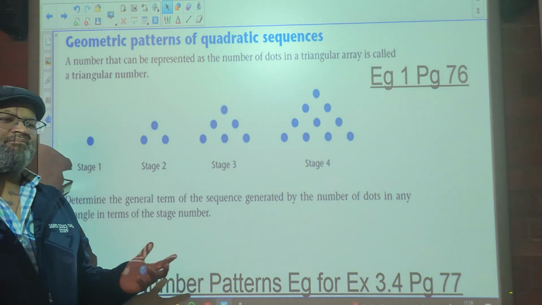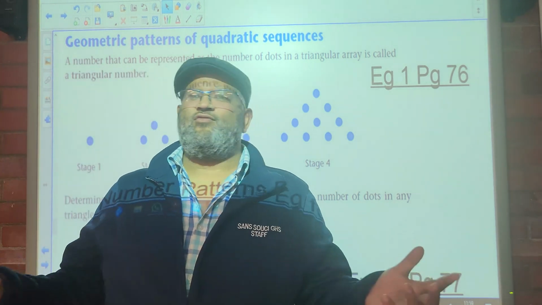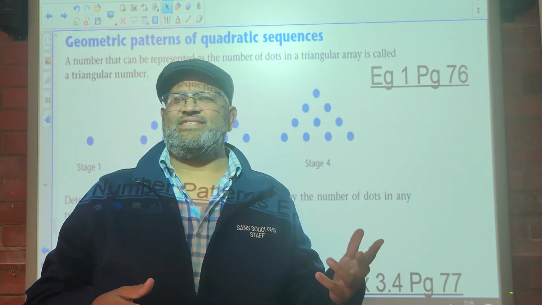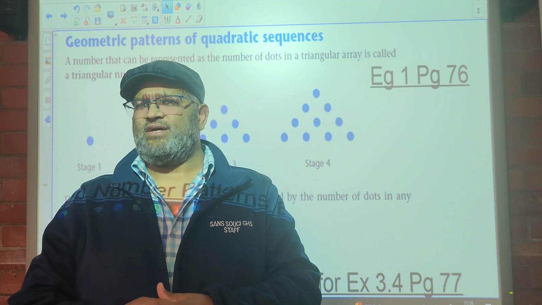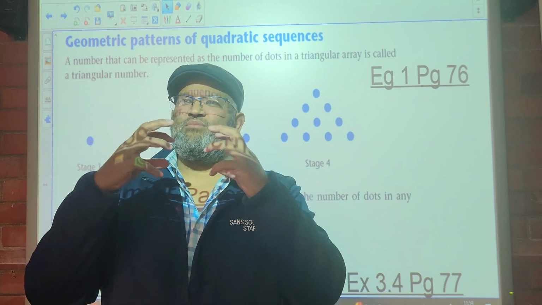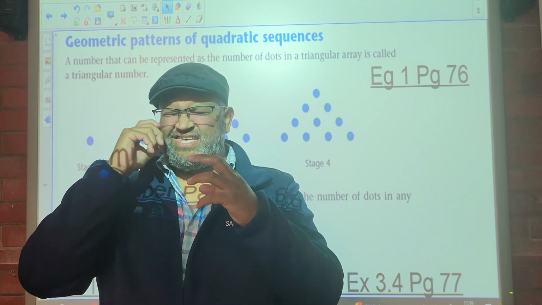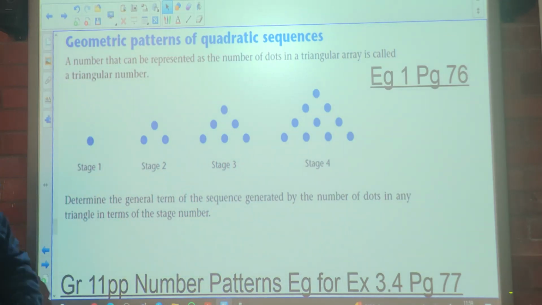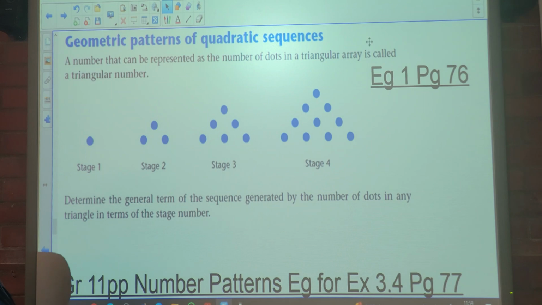By converting it to numbers, it is as if we are dealing with any of the previous sections or exercises that you were exposed to. Once you can write the sequence of numbers properly, you can then do anything with it. So let's look at this example here.